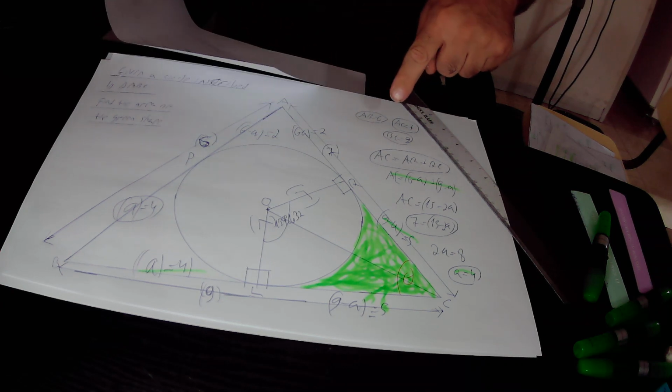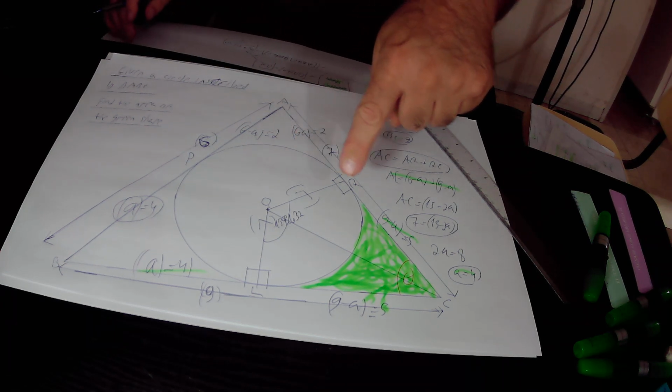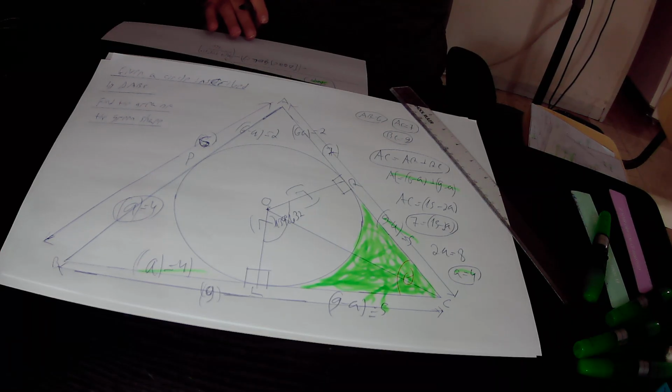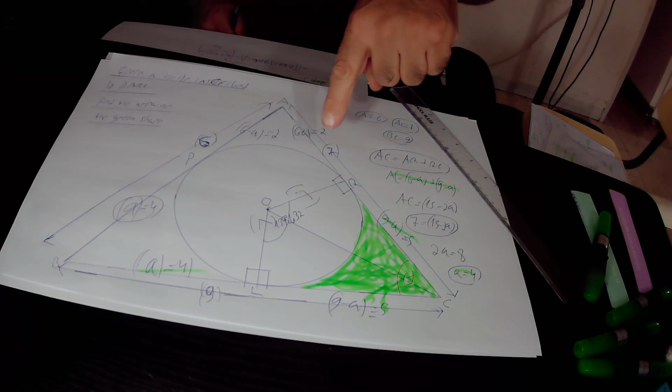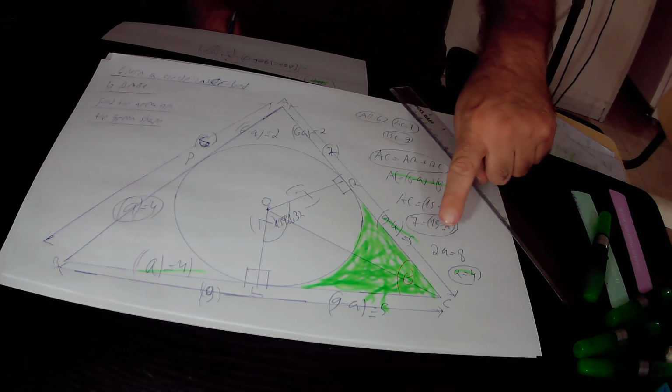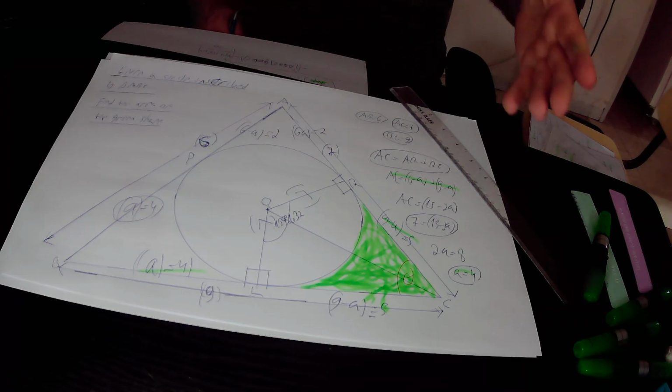What is the area of this right triangle QOC? The area of any triangle equals the base times the height over 2. The base is QO, that is R. The height is QC, that is 5, divided by 2.